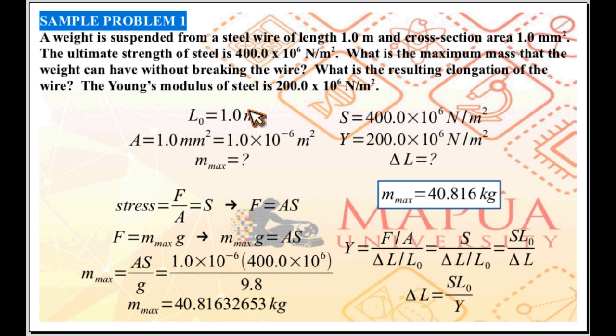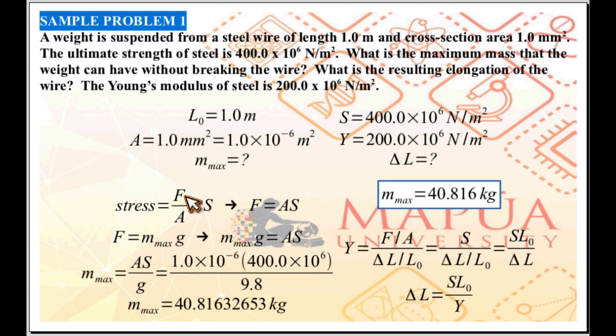With this information, we are being asked for the maximum mass that the weight can have without breaking the wire. And at this maximum mass, what is the resulting elongation of the wire? The wire will stretch because of stress.